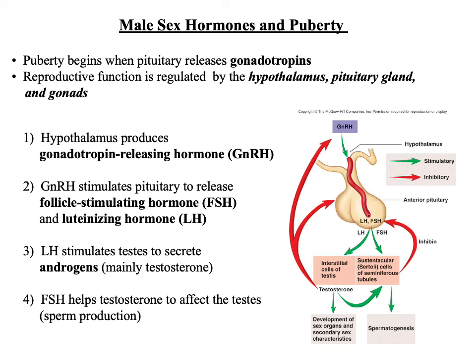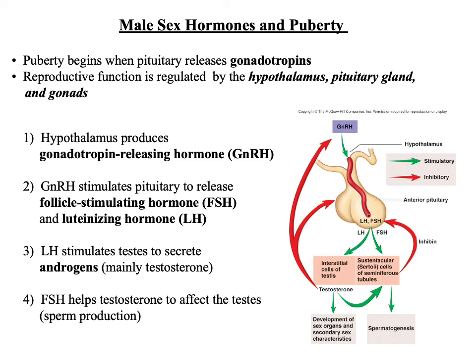All of these hormones have an abbreviation of some type, and you can use the abbreviation. It might help to remember maybe part of the name or at least what it does. So we have the GnRH, that's from the hypothalamus. That gonadotropin-releasing hormone stimulates the pituitary. That's how they work together.